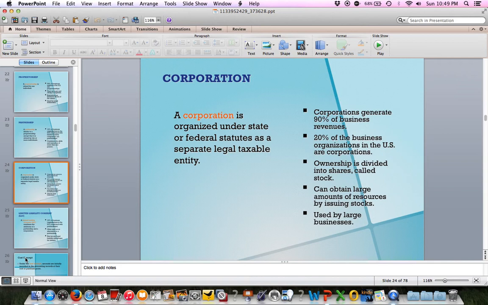So obviously they're really big. 20% of the business organizations in the U.S. are corporations. And of course, if they have a corporation, that means they have ownership shares, which are called stock, which quite often you and I can buy. Not all corporations are publicly traded, but a lot of them are, of course. And so they have a lot of resources, obviously much more than a small business typically.